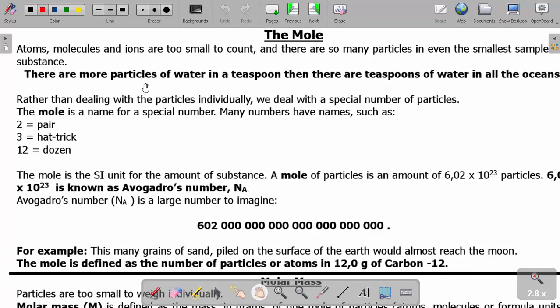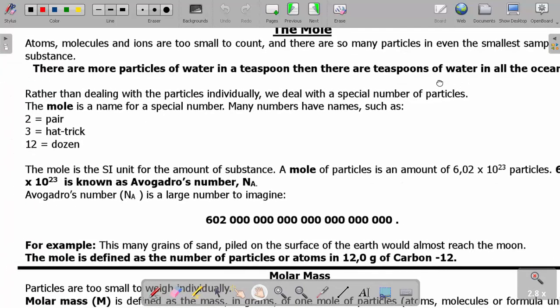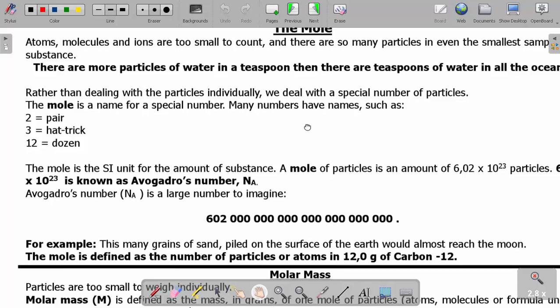For example, there are more particles of water in a teaspoon, that's 1 spoon, than there are teaspoons of water in all the oceans. Can you imagine that if you get a spoon of water and analyze all the particles on that spoon of water, it's more than the number of teaspoons of water in all the oceans altogether. So rather than dealing with the particles individually, we deal with a special number of particles.